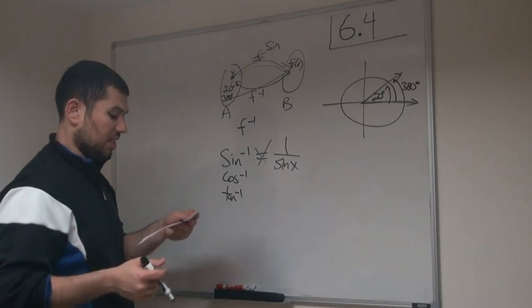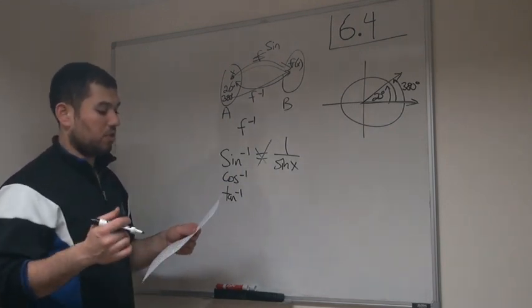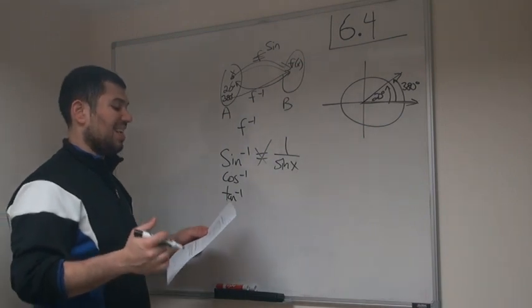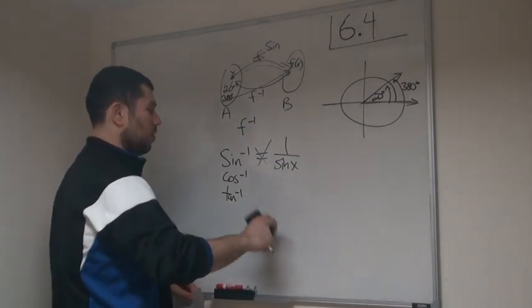let's take a look at the next slide, slide 99. The sine, cosine, and tan functions are restricted on the domain. Sine -1 of x, or arc sine of x, means what?